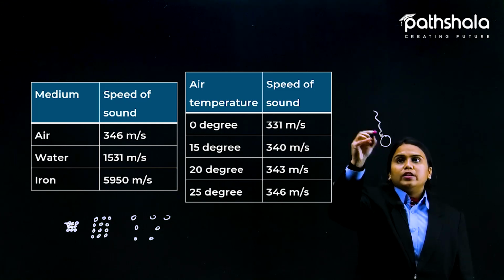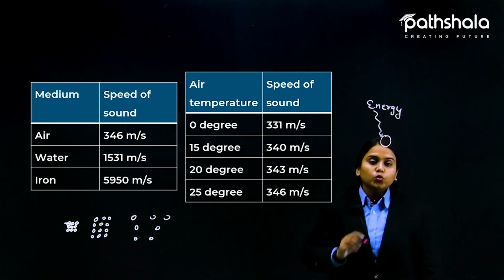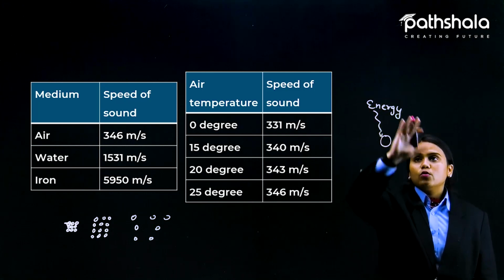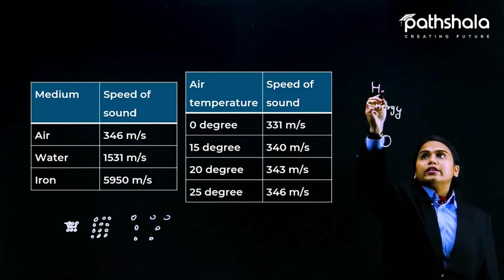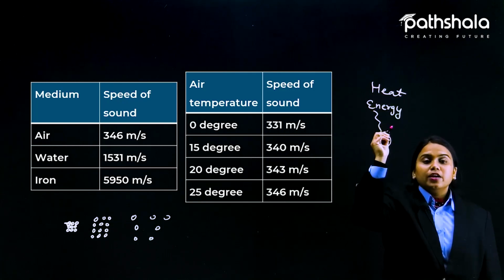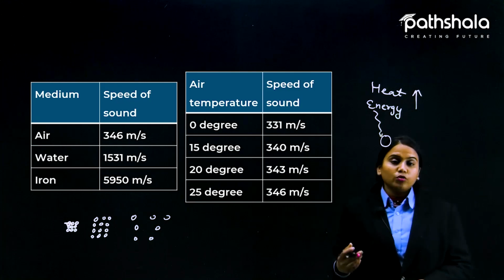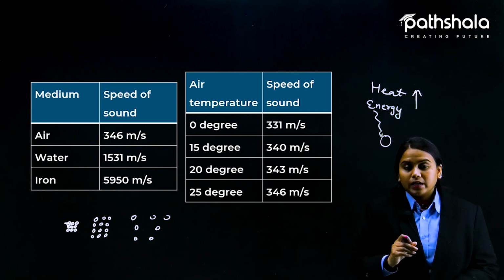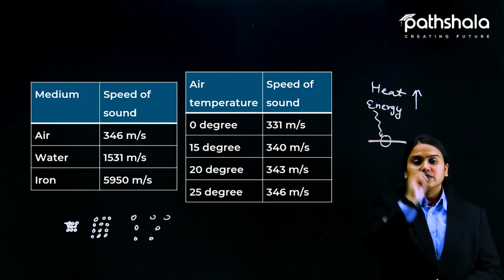So eventually, directly or indirectly, energy is transmitted from the surroundings to the particle. Okay, so the energy from the surroundings goes to the particle, and in what form? As heat energy, because what is the temperature doing? It is increasing. So with the temperature increase, heat energy is inserted into the particle, and now this particle is going to vibrate very fast.